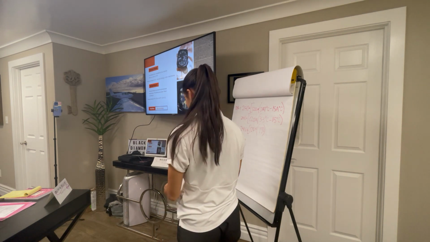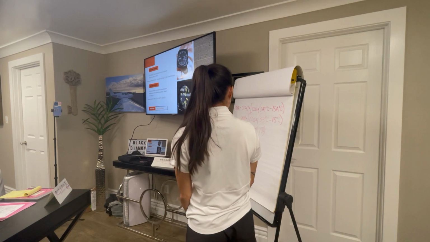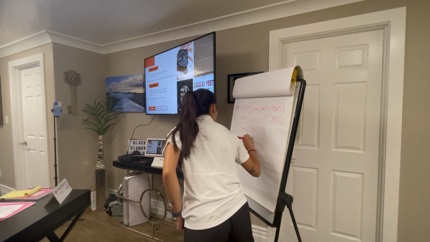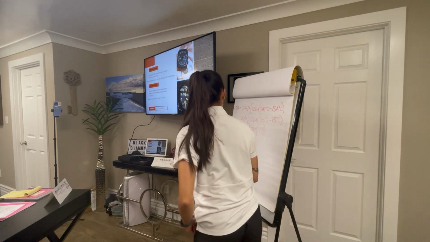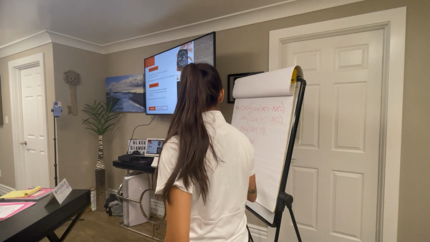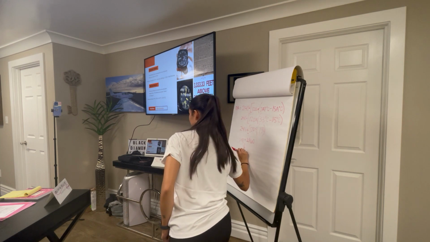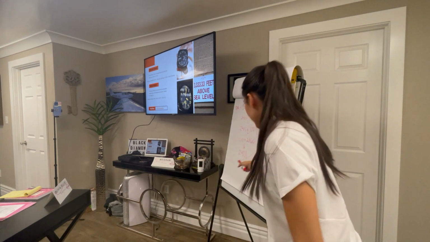I'm at a loss. 120 times 18. 2,160. And then what's 241 plus 2,160? What is it? 2,401. Okay, density altitude.